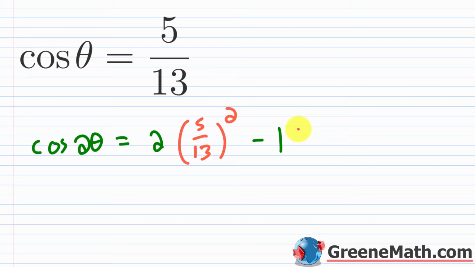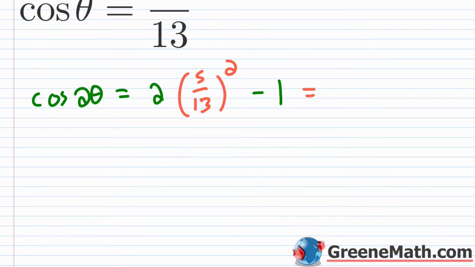So that gives me what? Let me scroll down here just a little bit. I will say that this is 2 times 5 squared is 25, and 13 squared is 169. Nothing to really cancel there, so let me just write this right now as 50 over 169, just doing that multiplication of 2 times 25. And then minus, let me get a common denominator.